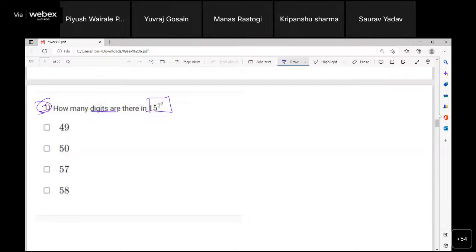Okay. So do we need binomial? Sir, can we take log 15 to the power of 7 squared? If you take the log of this particular function, it will be 7 square log of 15, right? So with any base, say e, it will be 49 ln of 15. We want to know how many digits are there in this particular term. Digits, not the value.